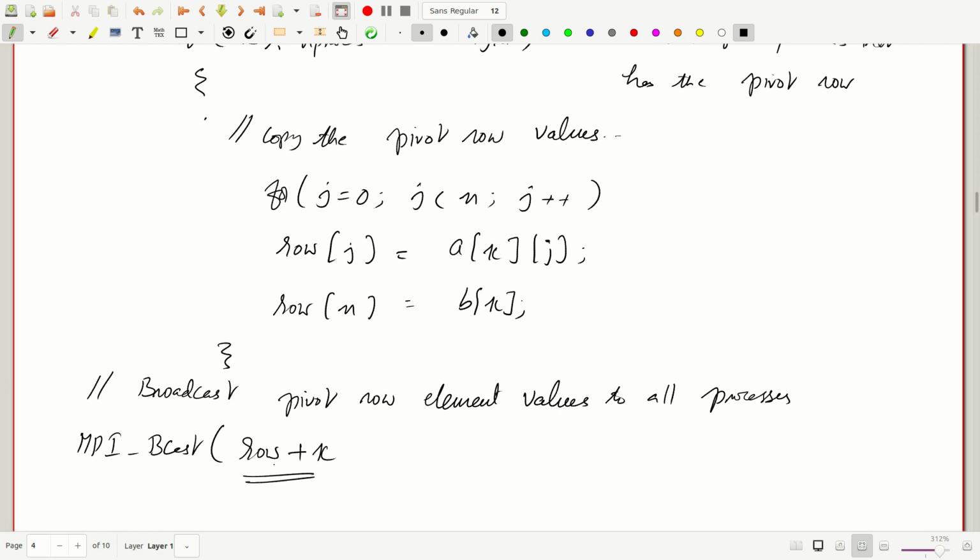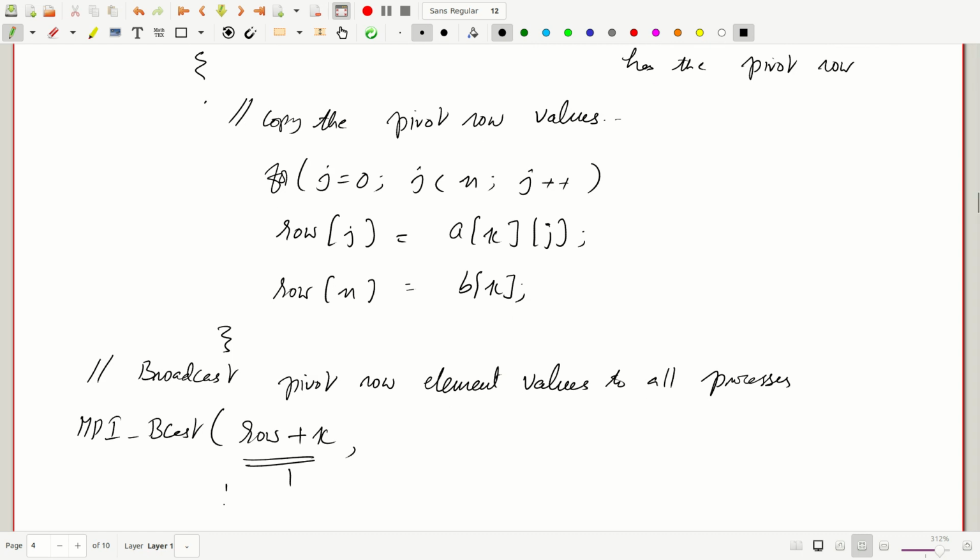We could send only whatever is required, that is the part of it, or we could send the full one. If we send the part of it, that's row plus k, which is the base address, and the number of elements we send is n minus k plus 1. Otherwise we could send the entire row, and we send n or n plus 1 values.